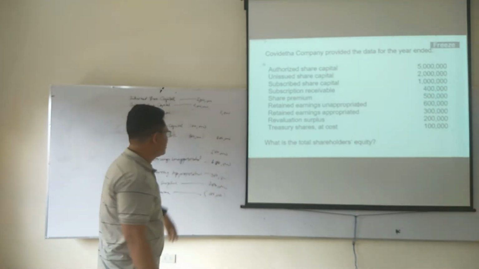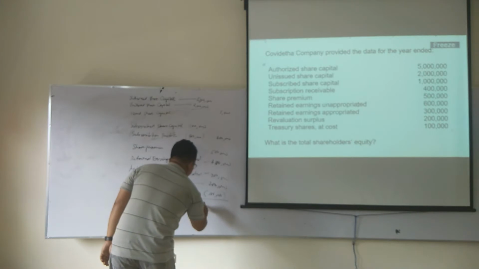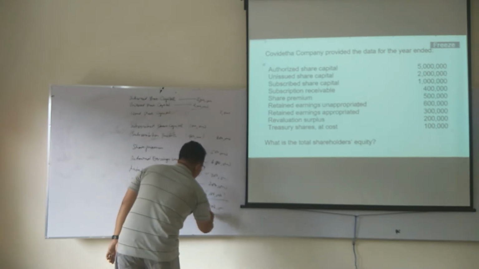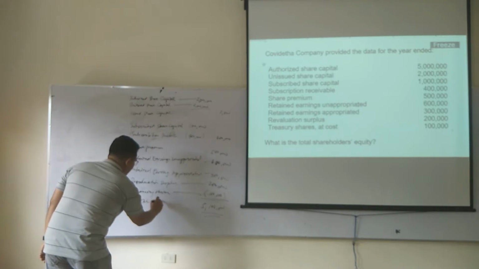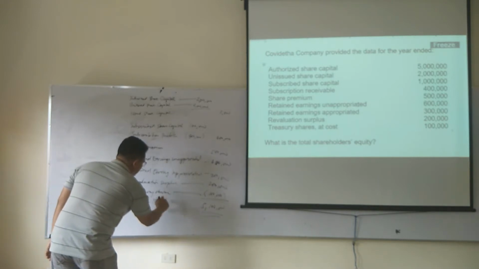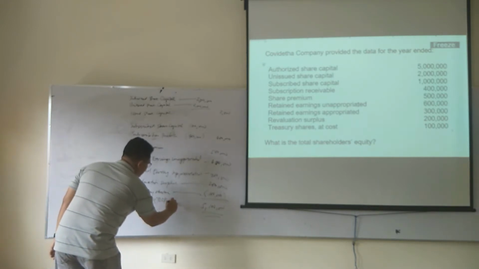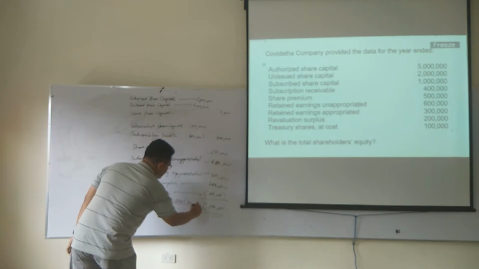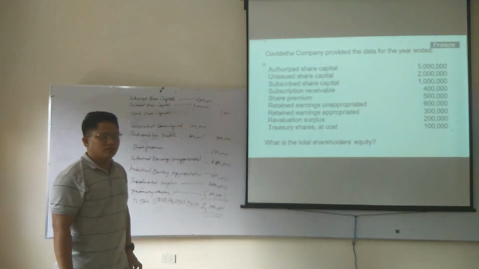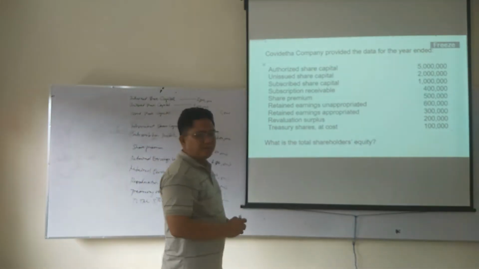Our total is 5,100,000. That's our total stockholders' equity. So that's our answer for problem 1.